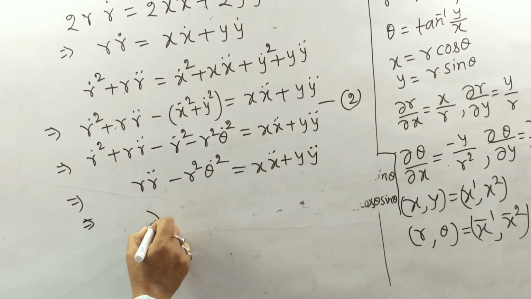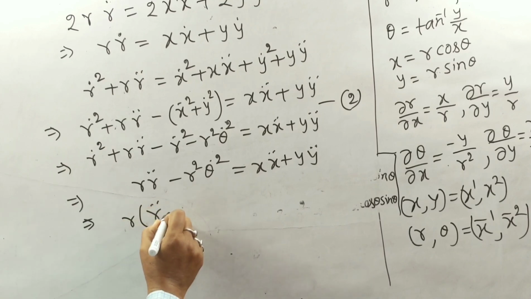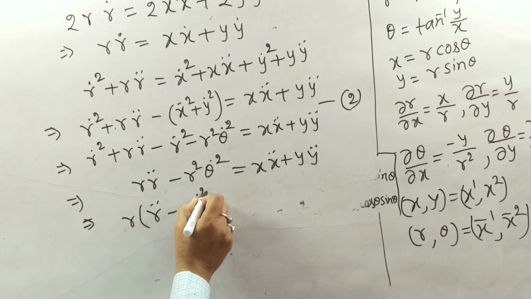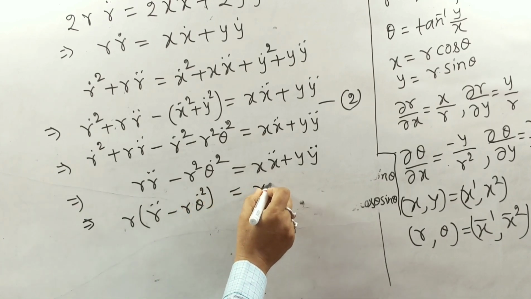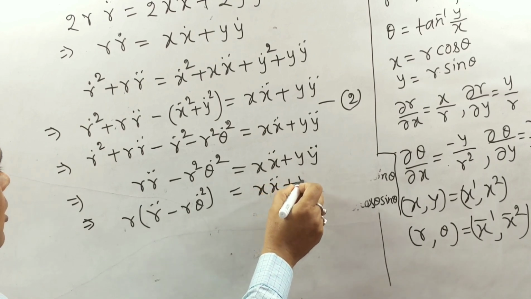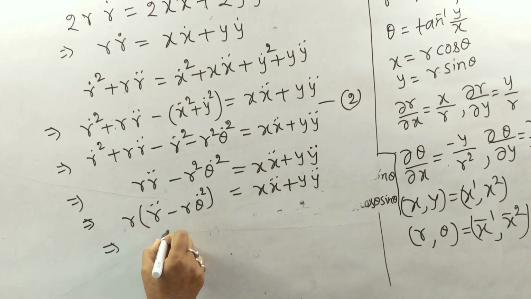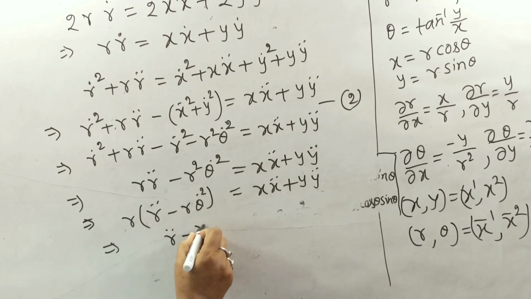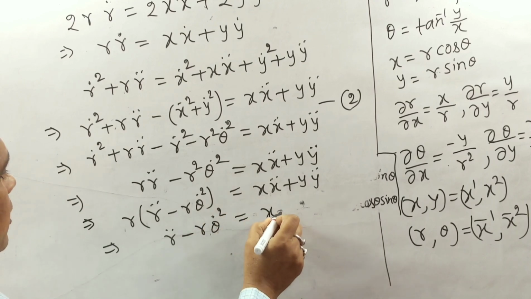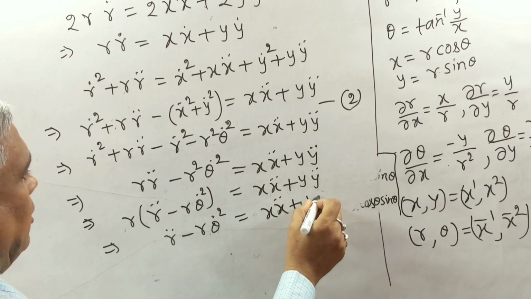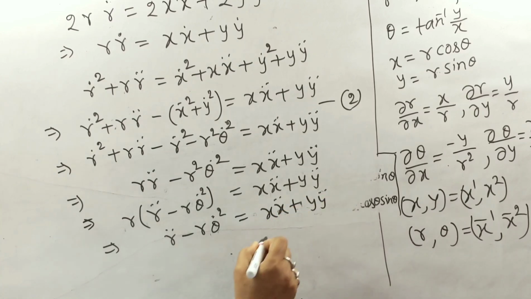This implies that r double dot minus r theta dot square equal to x double dot plus y double dot, divided by r.